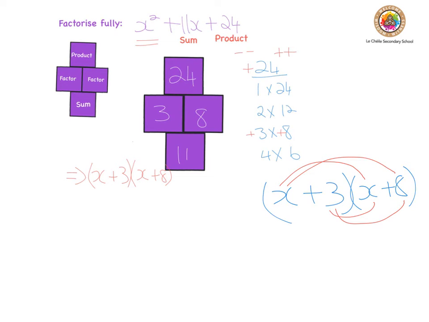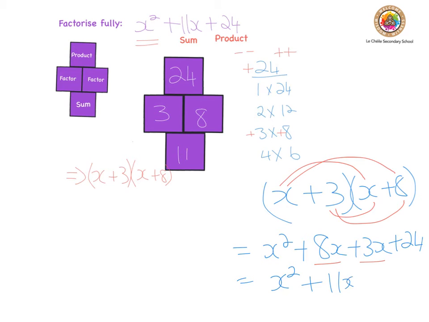So if I was to write that out now, x by x gives me x squared. x by plus 8 gives me plus 8x. Plus 3 multiplied by x gives me plus 3x. And plus 3 multiplied by plus 8 gives me plus 24. And just tidying it up, I'd have x squared. Here I know 8x plus 3x gives me plus 11x. And that gives me plus 24.